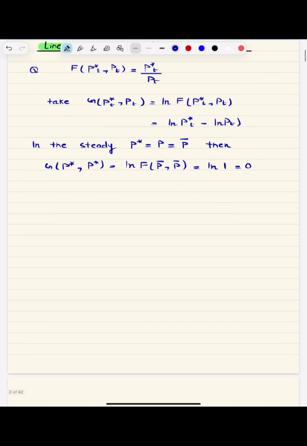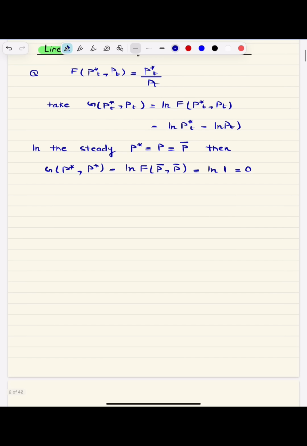Okay, remember, I want to linearize this function around the steady state.